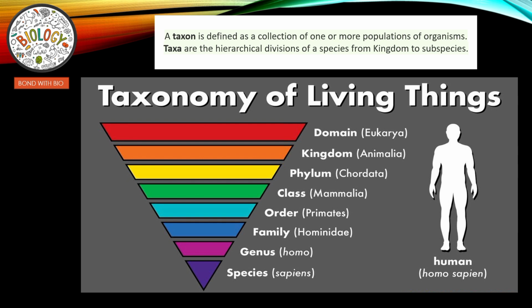As you can see, we are getting more specific. And then to order Primates, and then family Hominidae, then genus Homo, and species sapiens. So humans, as we call Homo sapiens, belong to this category of taxonomic hierarchy.